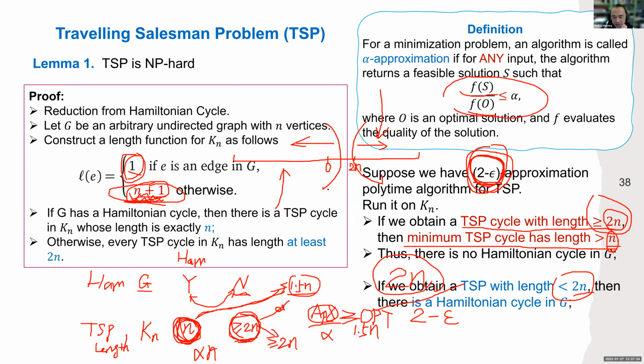So basically, we have two possible ranges of output by the approximation algorithm. We need to make sure that the range of output for the yes case and for the no case do not overlap. If they do not overlap, as long as I see one value, I know which category you're talking about. This is the philosophy behind the approximation lower bound.